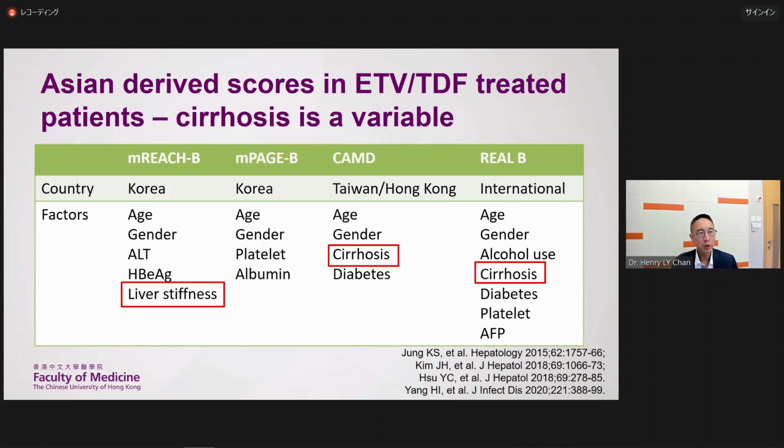So there's one score called M-RICH-B score, one is M-PAGE-B score, the CCAM, and the real B score, and a lot of other factors are involved. And you can see that cirrhosis is almost in every single risk score. And in the M-RICH-B score, actually they use liver stiffness instead of cirrhosis, and it makes it more attractive because we know that cirrhosis is not easy to diagnose, and subclinical cirrhosis is always a headache.